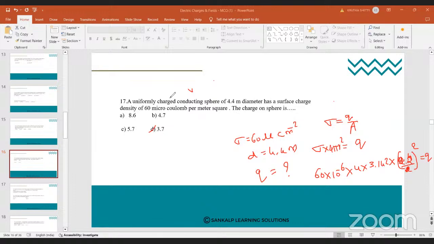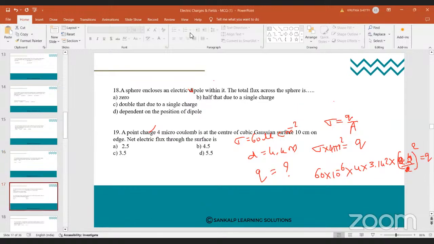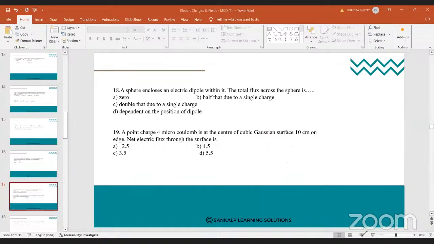Going for the next question, students. Let's see the next question. Yes, so we have a theory question. You can answer that. Read the question and tell me what is the answer.